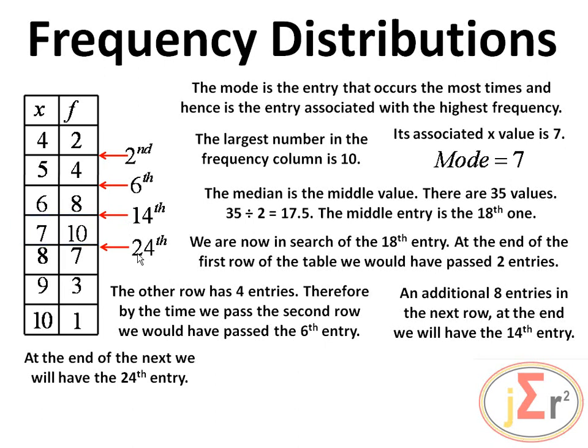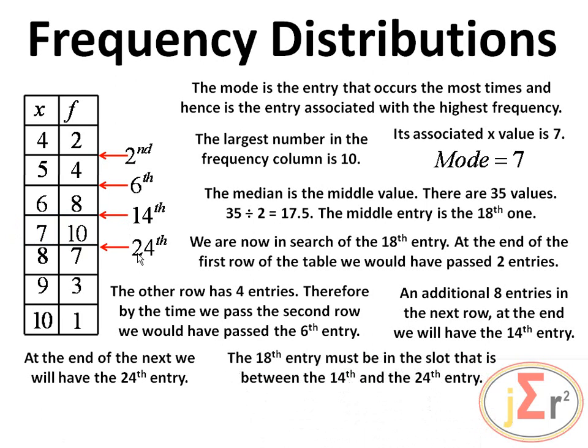And we are in search of the 18th entry. The 18th entry must be in the slot that is between the 14th and the 24th entry. Therefore, all of the numbers that we have here are from entry number 15 to entry number 24, because the previous one ends at the 14th entry.